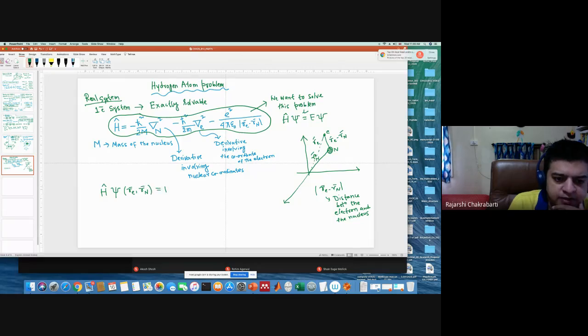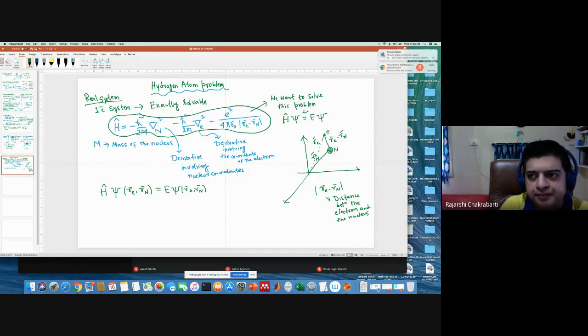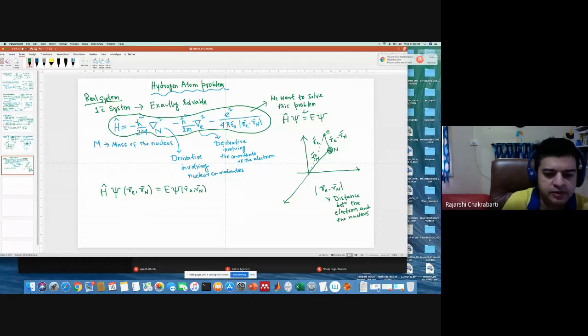And that should give me the energy of the system times the wave function back. Is that fine? Any question so far? Tell me if you have a question, please ask me. I think this is quite straightforward.